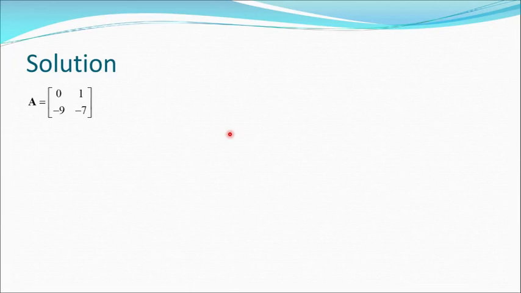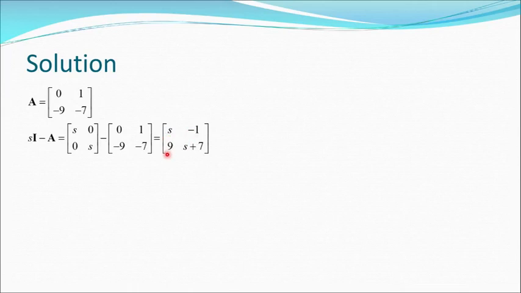First, we calculate the value of sI minus A matrix, and we obtain [s, -1; 9, s plus 7]. Then, we calculate the determinant of sI minus A matrix and substitute in this equation.